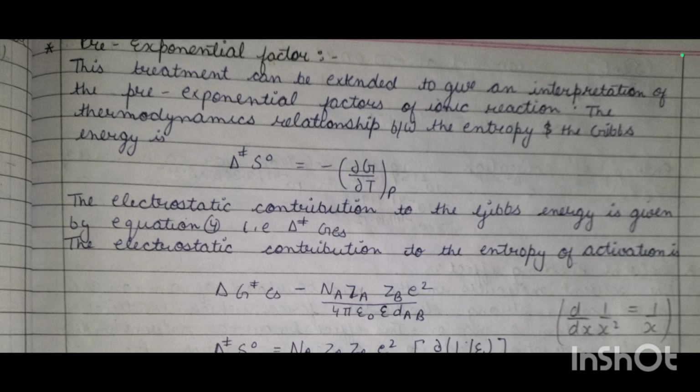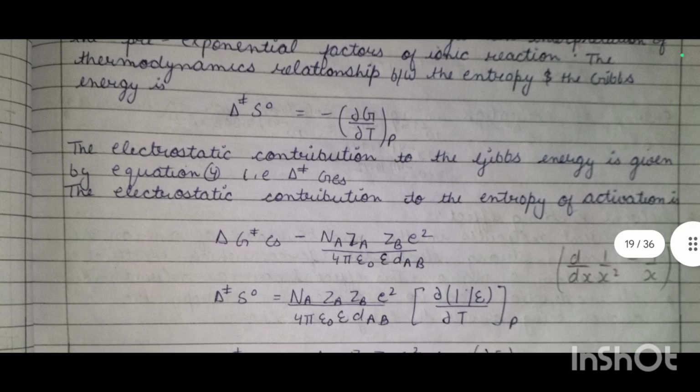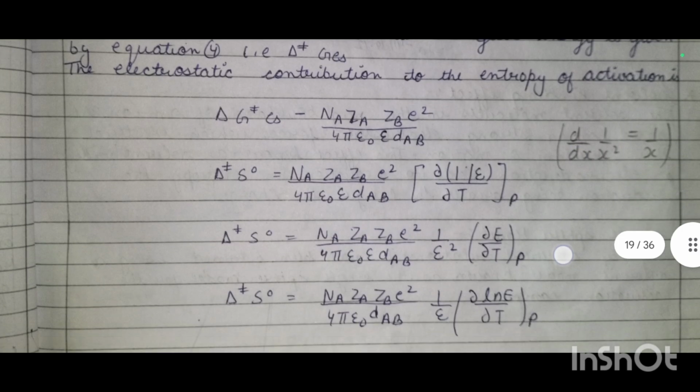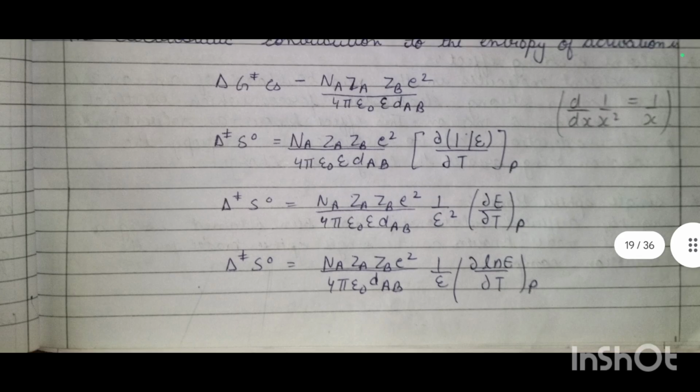The electrostatic contribution of the Gibbs free energy is given by the above equation. The electrostatic contribution to the entropy of activation is delta G star electrolyte is equal to N A ZA ZB e square divided by 4 pi epsilon naught epsilon dAB.